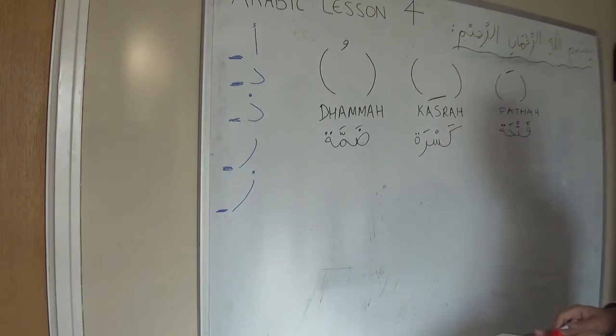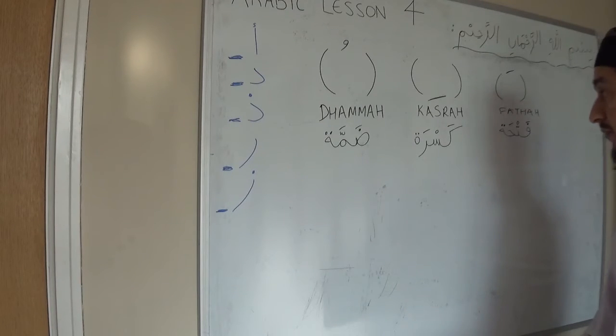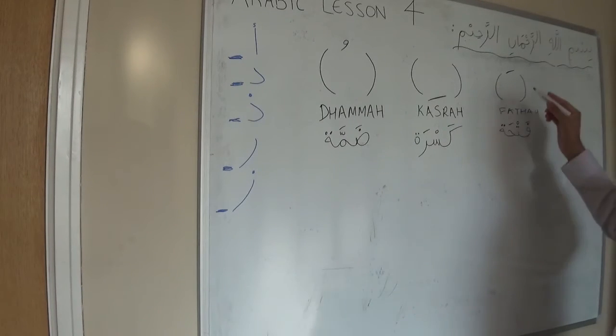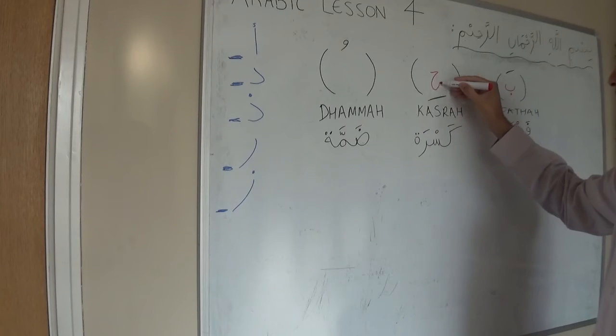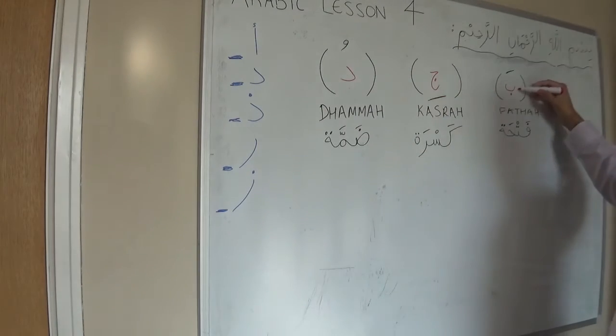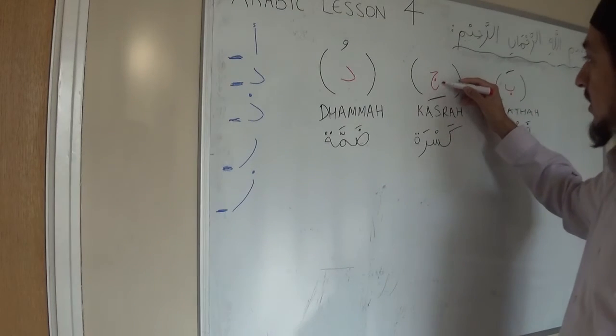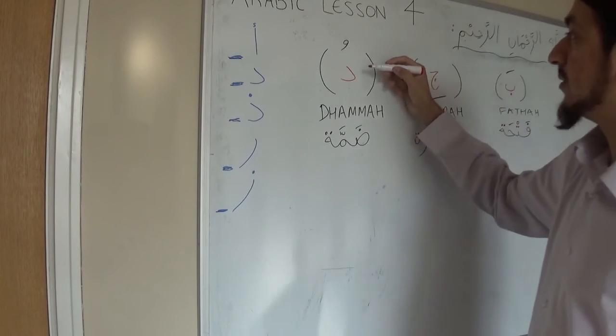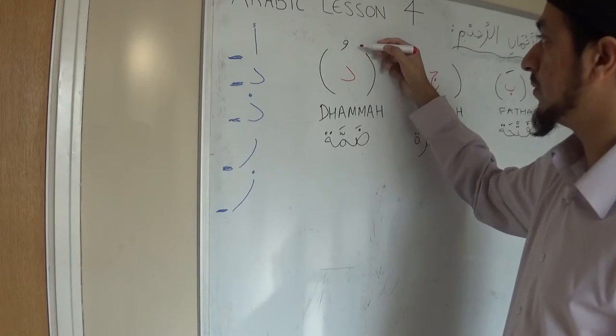So these are the things that give the letter its sounds. If I put ba, jim, and dal, we have the sound with the ba, ba. With the jim here we have ji, and with the dal we have du.